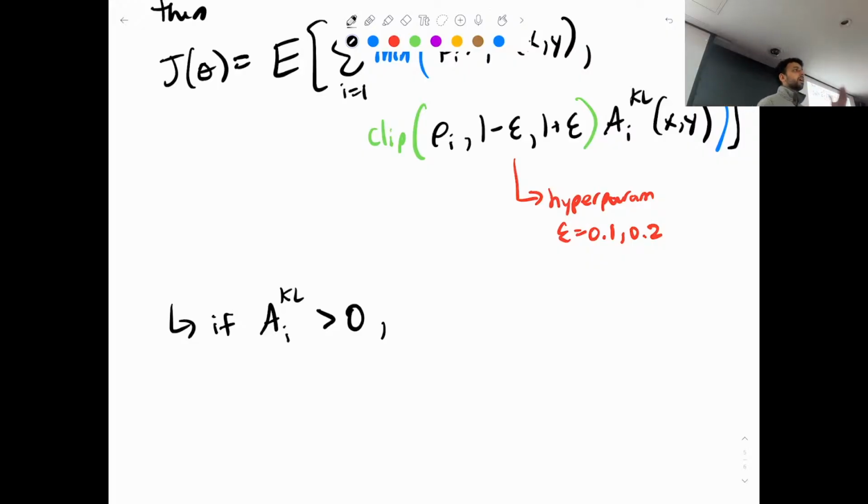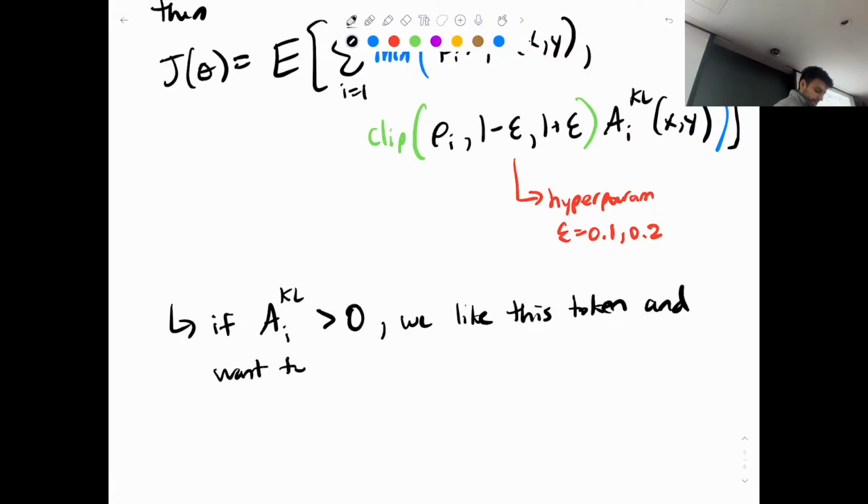It is part of a high reward response, and it's not deviating too much from the SFT model. And so overall, if this quantity is high at a particular position, we like this token and want to increase its probability.